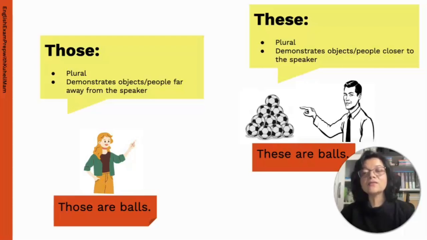The man is standing closer to it, and that's why he's saying, "These are balls," but the girl is standing away from the balls, so she is saying, "Those are balls." Therefore, it's very clear to you now that these is the plural of the word this and those is the plural of the word that.